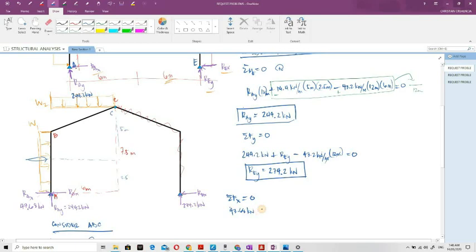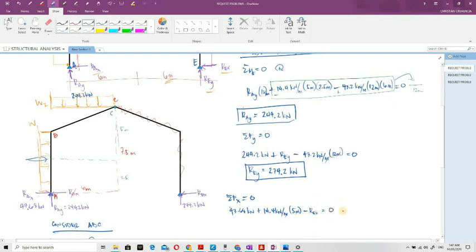kilonewton plus yung ating W1, which is equal to 14.4 kilonewton per meter distributed. So we have to multiply this by the length, 5 meters. So yan. Then what else? Wala na, no? Then except dito sa REX, which is we assume na towards left or towards negative x, so minus REX, then all is equal to 0.